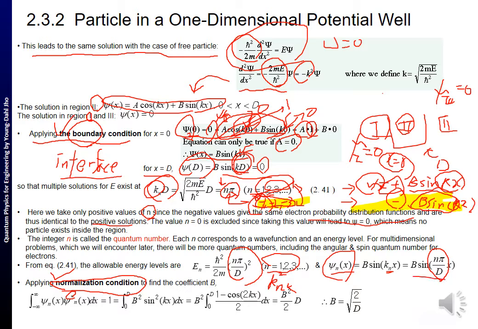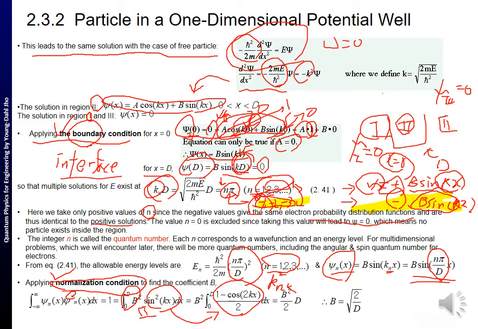Actually this is just a real function, so we multiply them. We have B squared sine squared kx, and the wave functions in regions 1 and 3 are 0, so we only care about region 2, right? Then sine squared is replaced by this one, 1 minus cosine 2kx over 2.